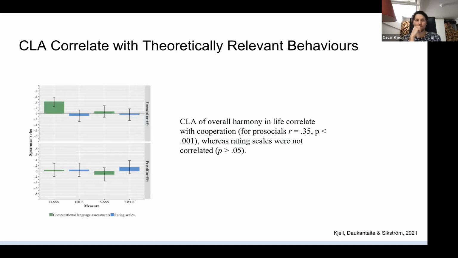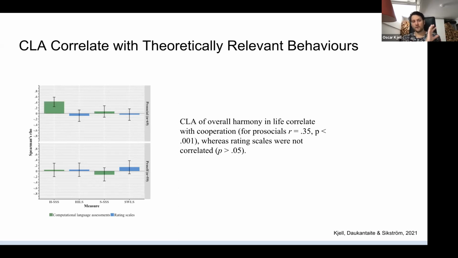One such example is that we look at behaviors instead. We did an experiment where we were looking at cooperative behavior, because we had the theory that harmony in life is going to be related to cooperative behavior, whereas satisfaction in life will not be.